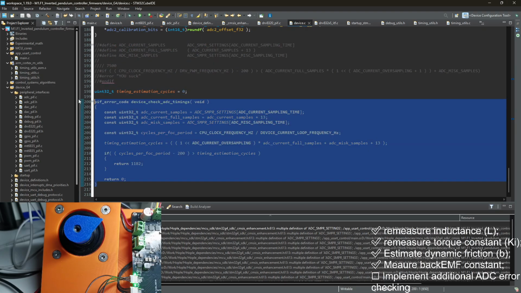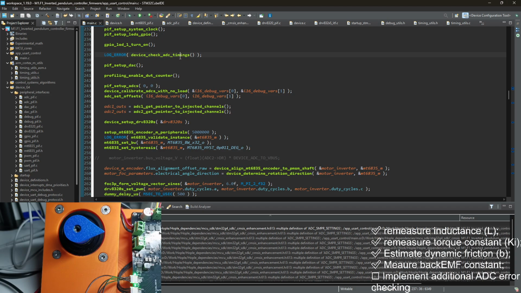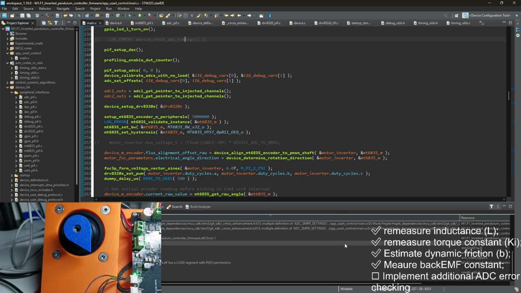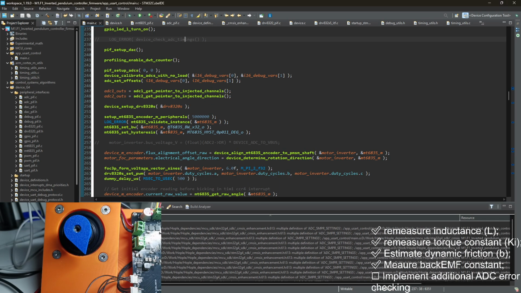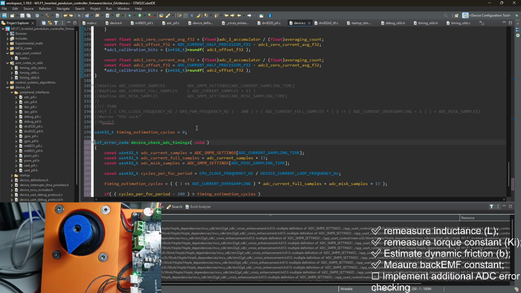If I remove this function, will it work? What? It still doesn't work. Like, what broke? What's broken? What have I done? I did nothing. What is happening?